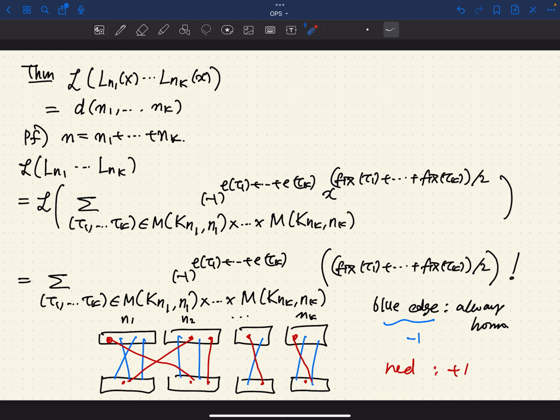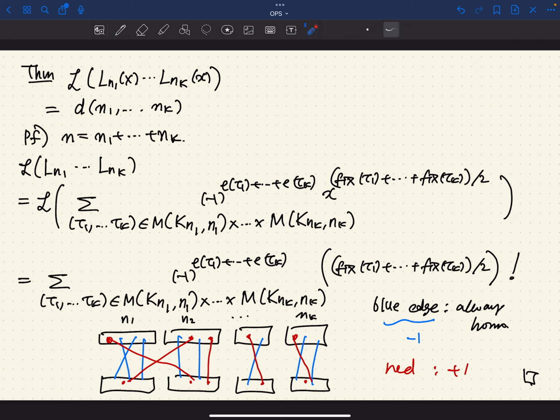So that's the proof. So it's just like the Hermitian case. I'm not going to give you the details, but that's basically the idea. So it's quite nice.